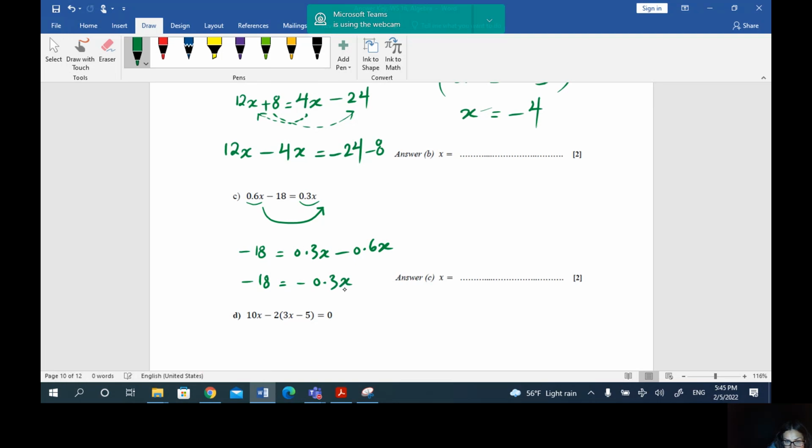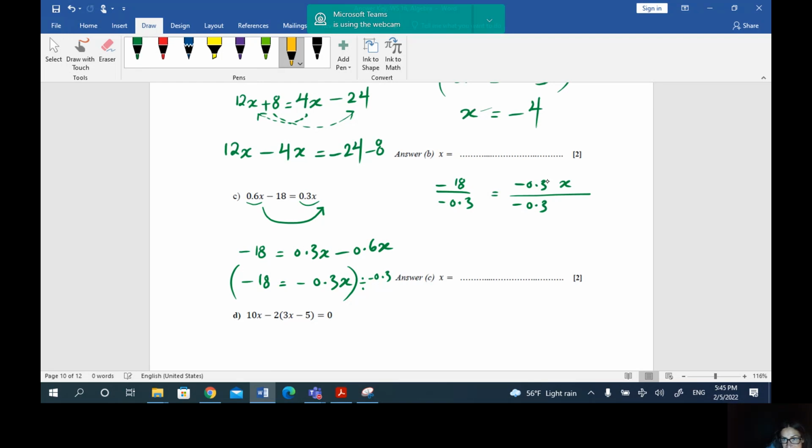So we are isolating x, we need to get rid of the coefficient, so we are dividing all this by negative 0.3, which is the coefficient of x. So it will be minus 18 over minus 0.3 is equal to minus 0.3x over minus 0.3.